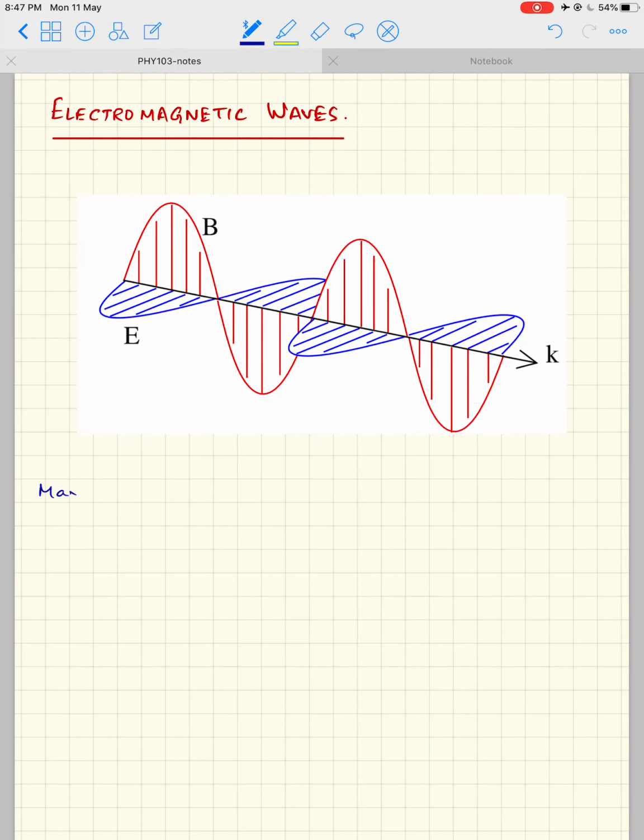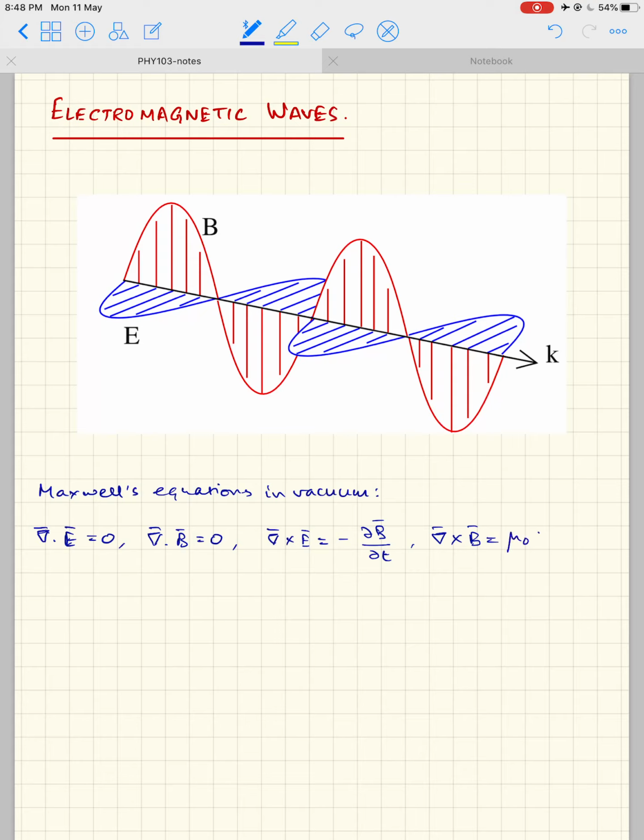Maxwell's equations in vacuum are given straightforwardly by del dot E equal to 0, del dot B equal to 0, del cross E equal to minus del B del t, and del cross B equal to mu naught epsilon naught del E del t.